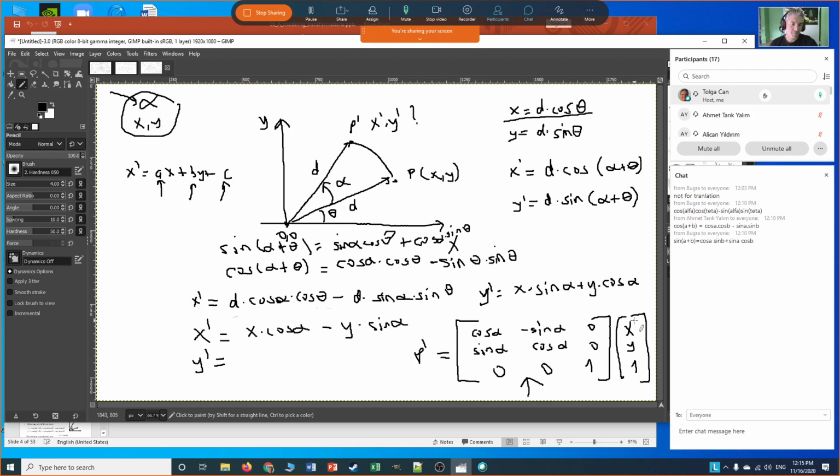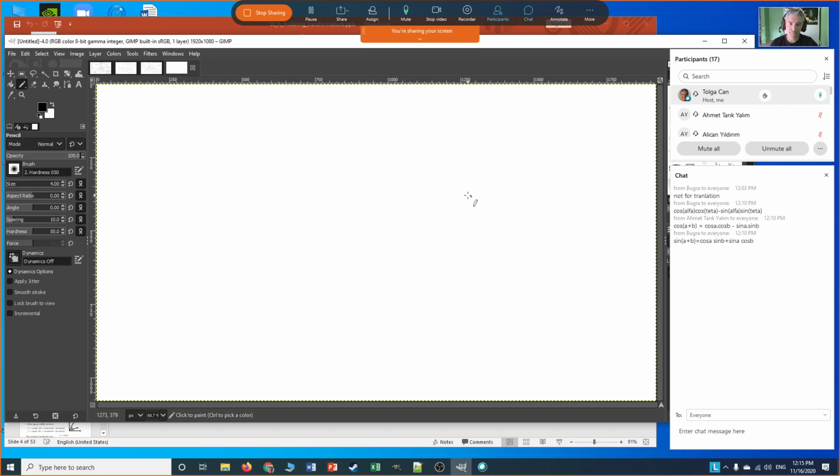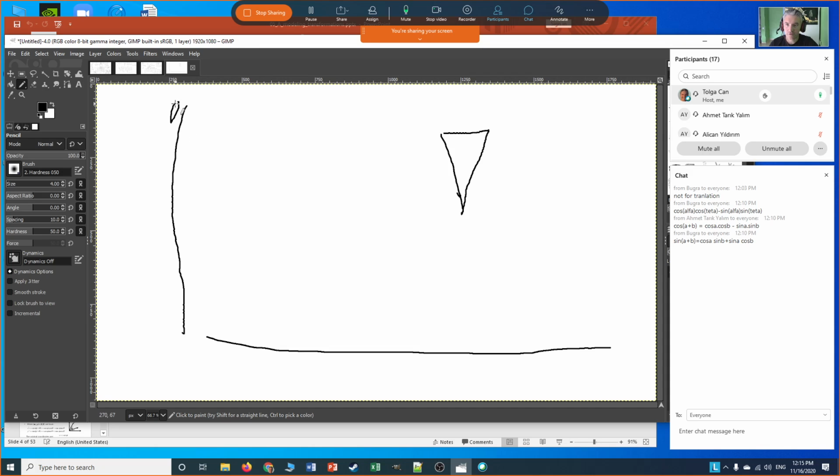If you multiply this with your point, it will have the effect of rotating your point around origin alpha degrees. And this rotation, when you apply it to triangles, for example, let me have it on a new piece of paper. If you have a triangle like this, and you rotate it around the origin, for example, 45 degrees, it will be in a different orientation.